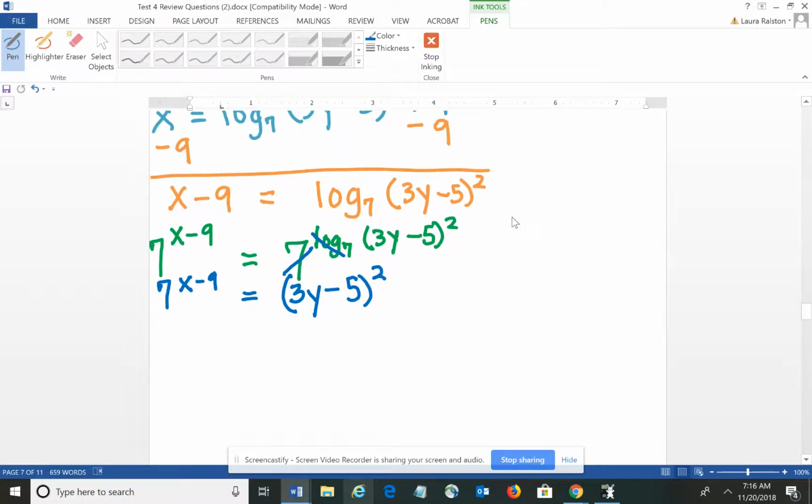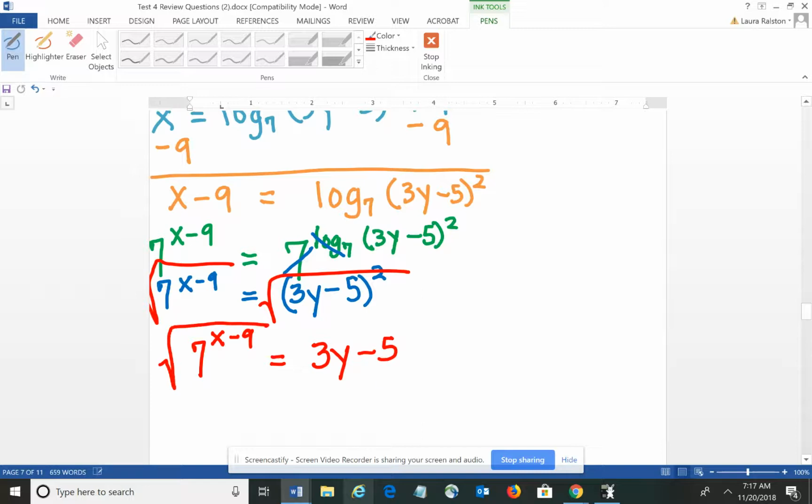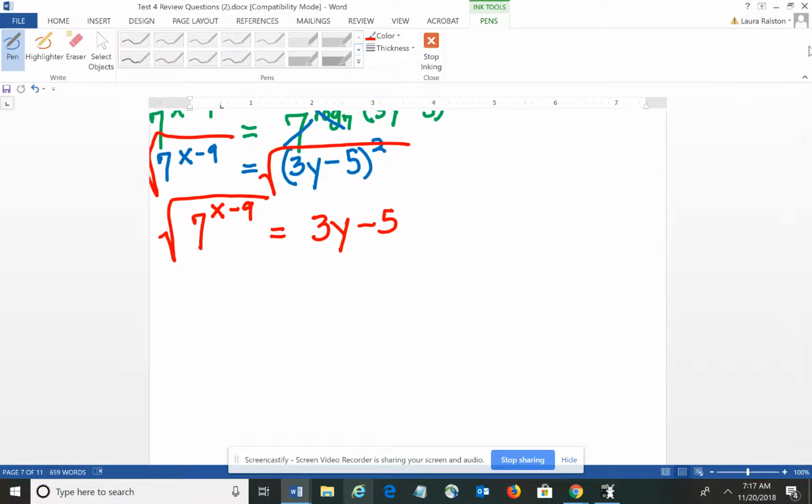So to undo the square, I'm going to square root both sides. So we're going to take the square root of this side and the square root of this side. So we have the square root of 7 to the x minus 9 power equals 3y minus 5. Oops, I lost my square root symbol there. Sorry about that. All right, then we're going to solve that good old basic everyday equation.